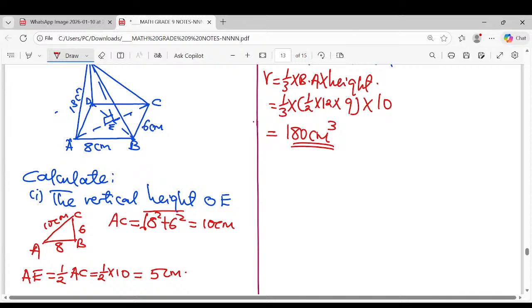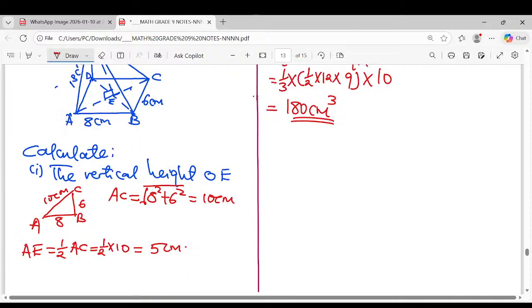Let's have a look at the last question. That says a tent is in the shape of a pyramid. That's example number 3.